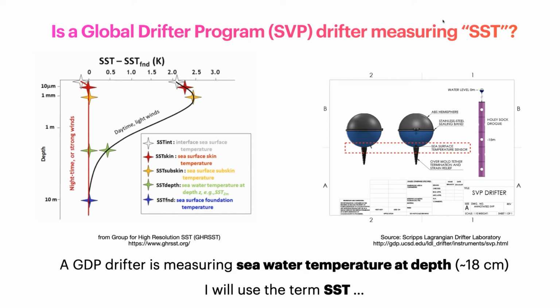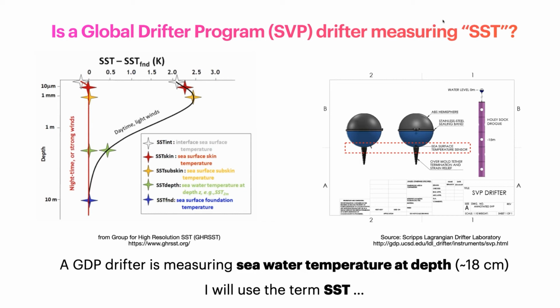The surface temperature sensor is located on the lower part of the buoy, at a depth of about 18 centimeters. On the left, you see a diagram of various definitions of the quantity called SST, put together by the Group for High Resolution SST, or GHRSST. Depending on the time of day, or the depth at which you acquire observations of seawater temperature, you have different definitions of SST.